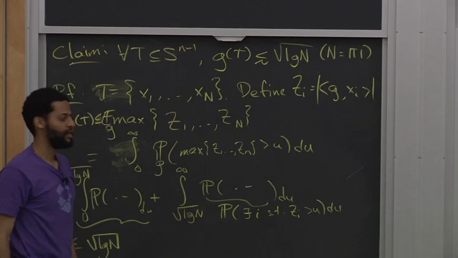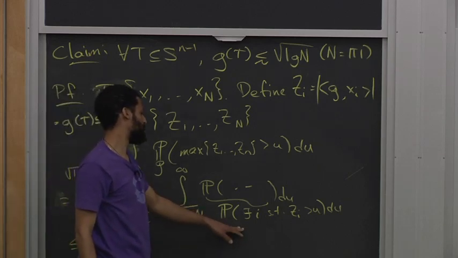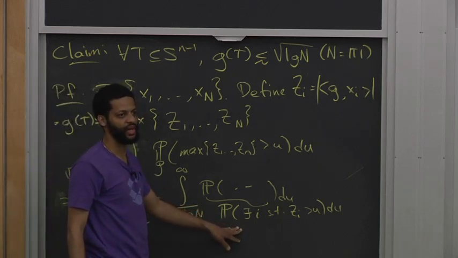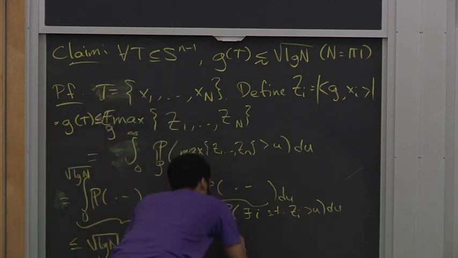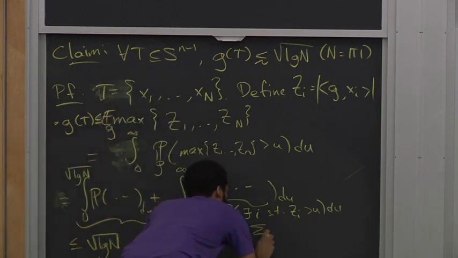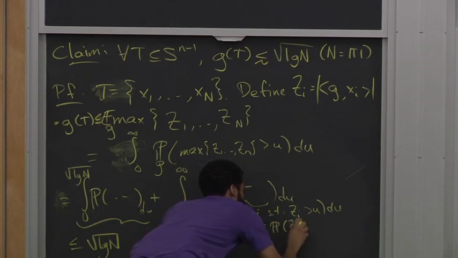Right? And the probability that there exists an i is at most the sum over i, by a union bound, of the probability that zi is bigger than u.